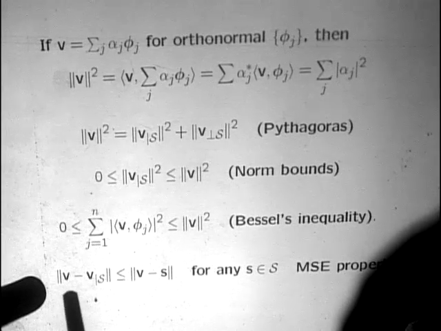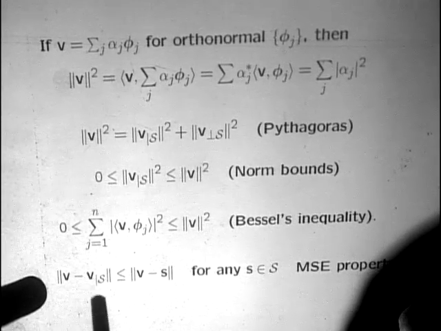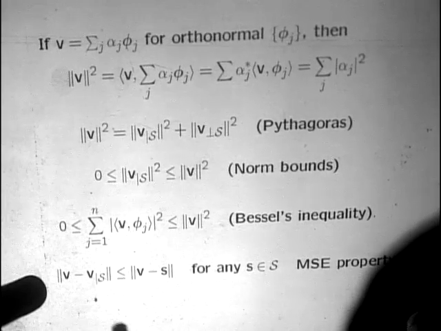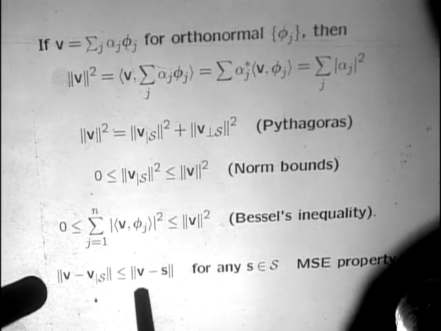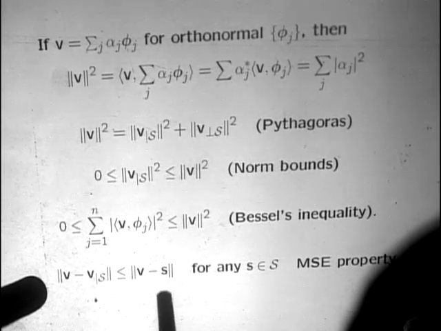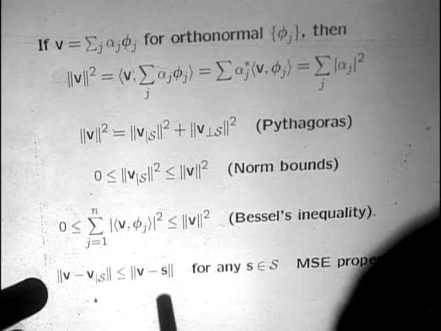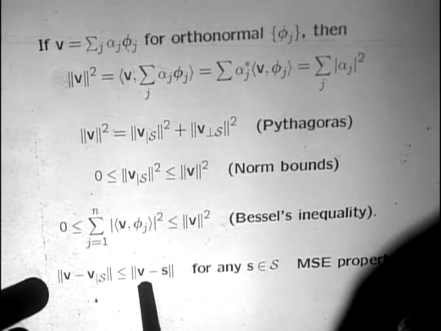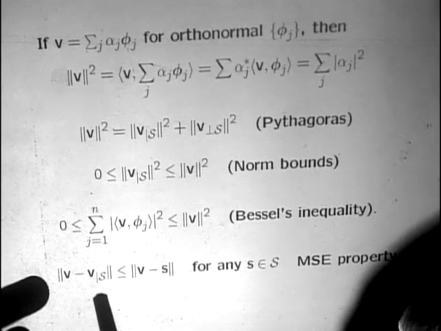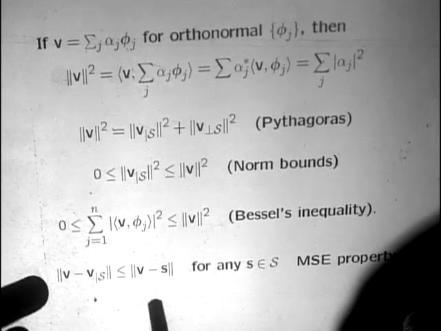It says that if you take the difference between the vector and its projection onto the space, this is less than or equal to the difference between the vector and any other s in the space. I can always represent V as being equal to the projection plus the orthogonal component.